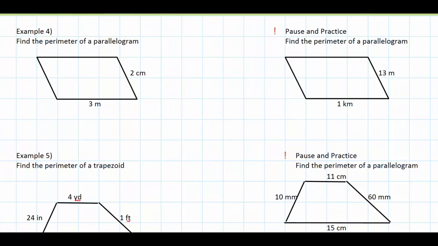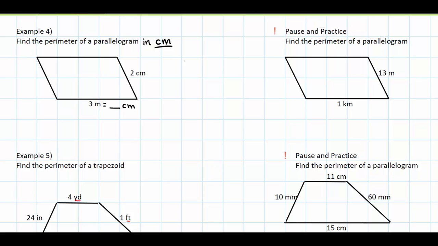Example 4 says find the perimeter of the parallelogram. We're going to find the perimeter of this parallelogram in centimeters. So that means we need to convert this to centimeters. Equals how many centimeters?